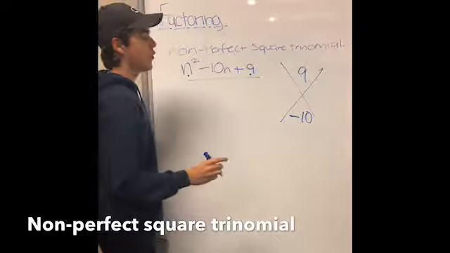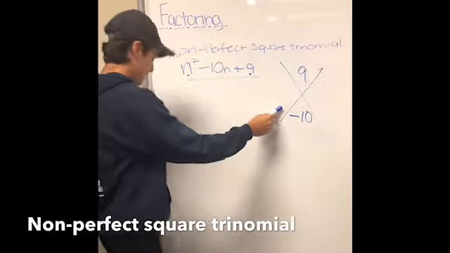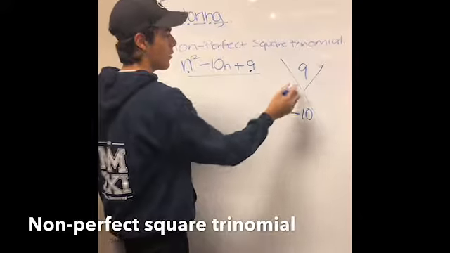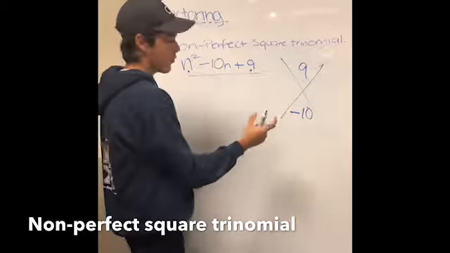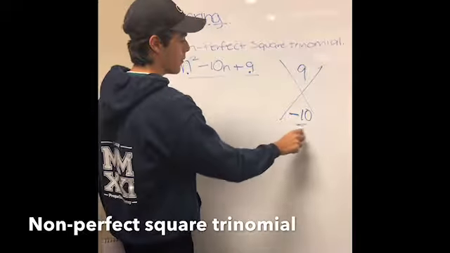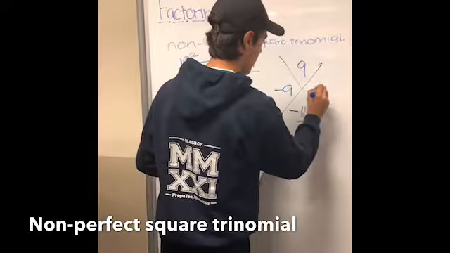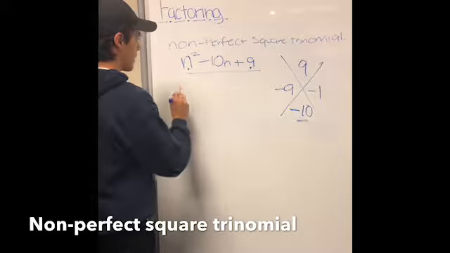So you have to find 2 numbers that multiply to give you 9, and added, they give you -10. So in this case it will be -9 and -1, and you have to do it like this.